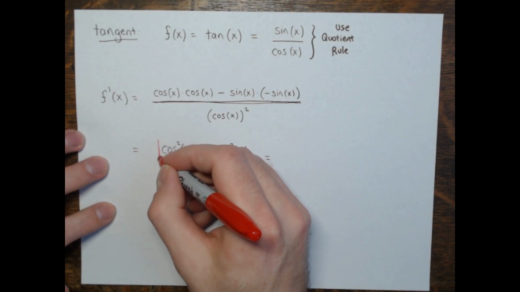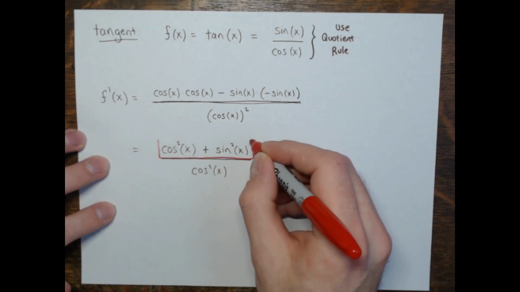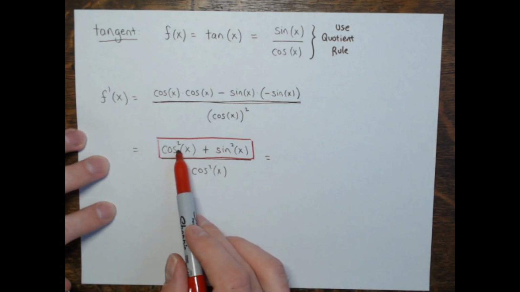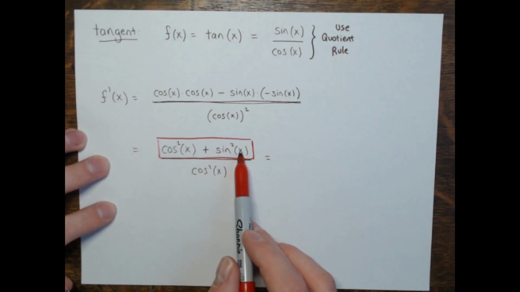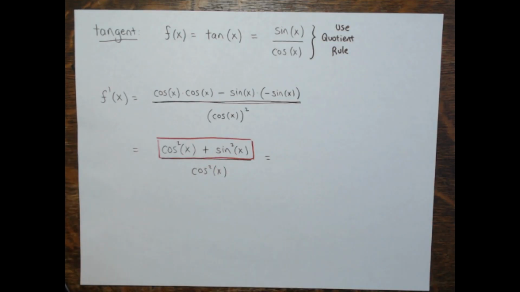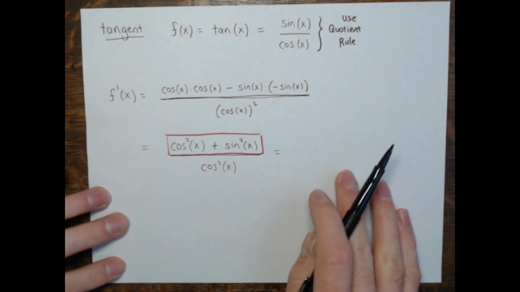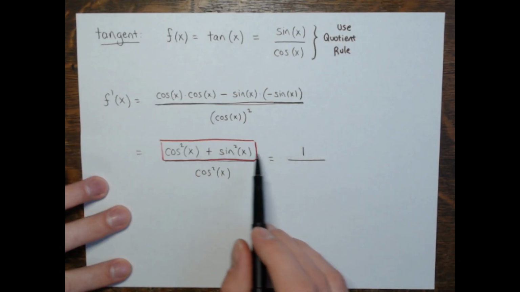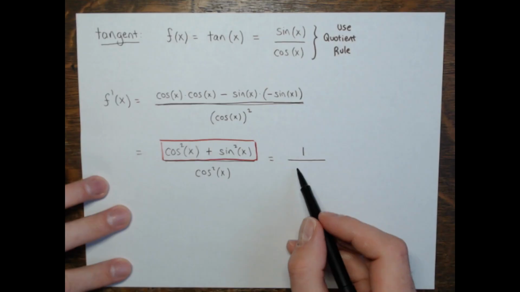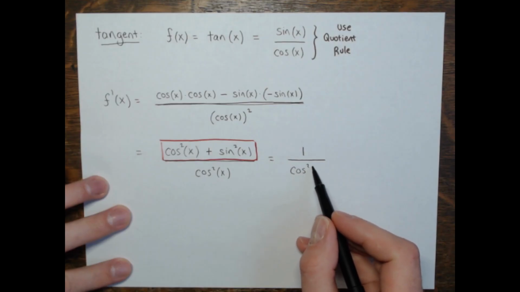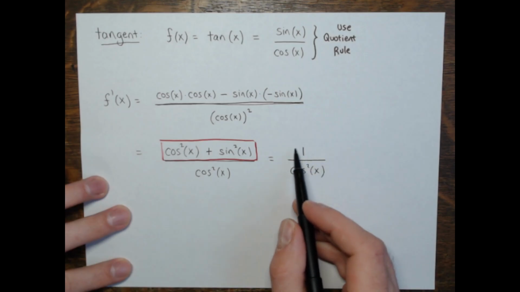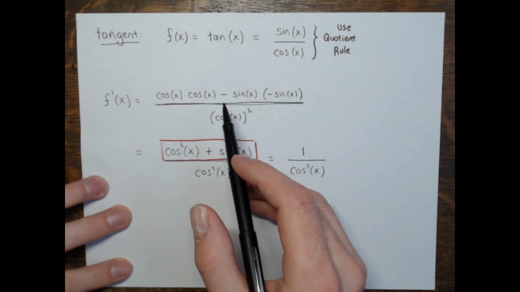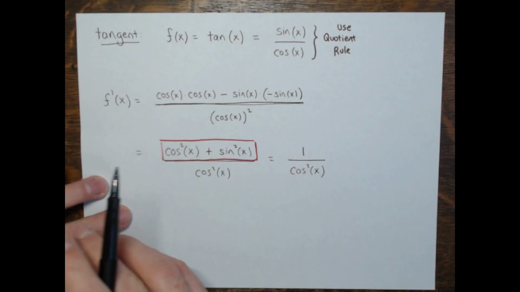So up top, remember for any input, if you take the cosine of that input squared plus the sine of that input squared, you always get 1. And this is trig stuff, I'm not going over all that, proving it or anything. So the numerator is always 1, divided by cosine squared. So this is a lot simpler than what I had up here after applying the quotient rule.